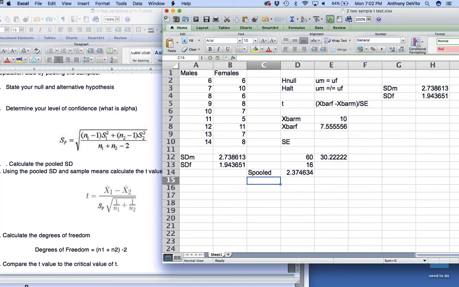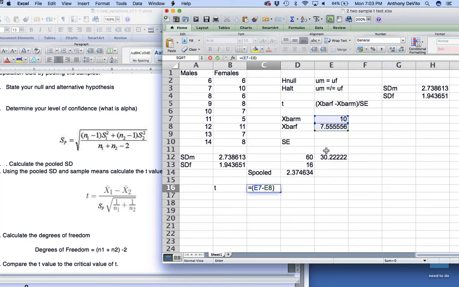Now let's calculate what our t-score is. What's our t-score going to be equal to? It's going to be equal to the difference between the two means. Where'd the means go? 10 minus 7.5. So, in parentheses, 10 minus 7.5, divided by, well, now it's going to get a little complicated again, isn't it?